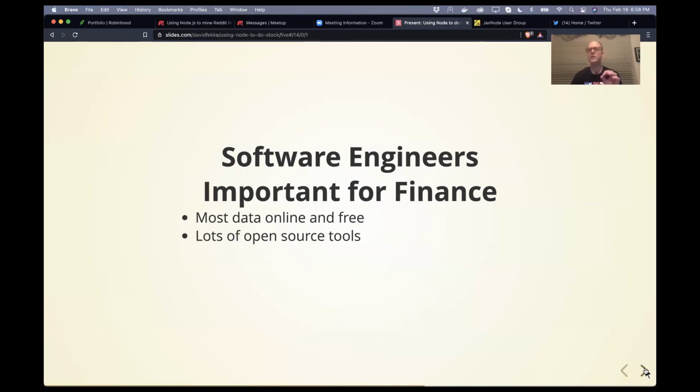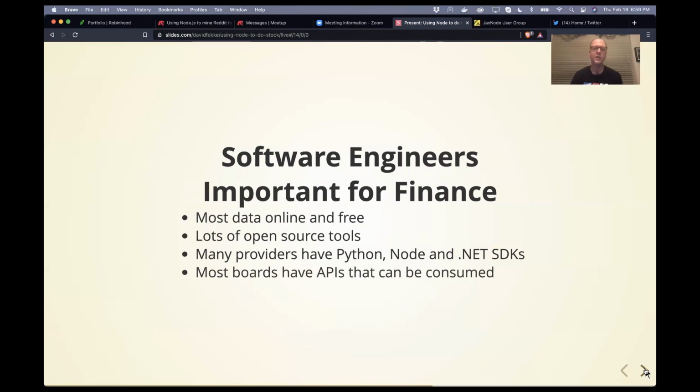I'm just going to demonstrate a small smidgen tonight of what's available. Many providers have Python, Node, and .NET SDKs. So if you're familiar with Python or .NET, or you just want to use Node, there are SDKs for most of these platforms.